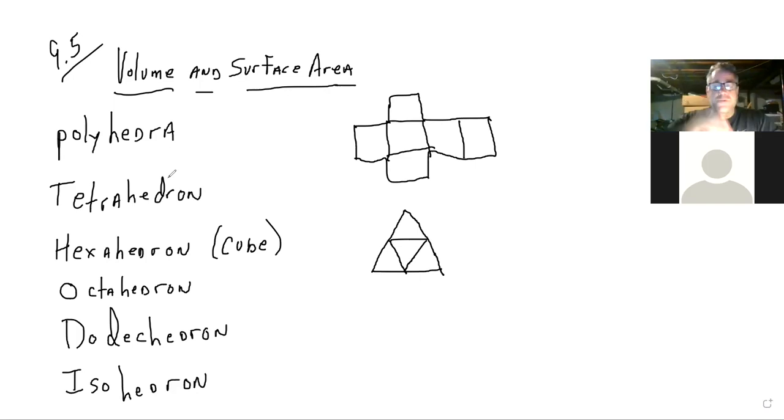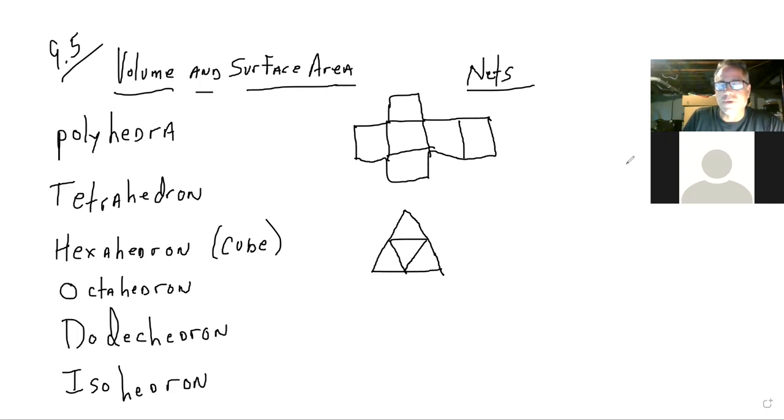I know they'll show up on Praxis, where you're given a net, just laid out flat like that, and asked what it folds up to be. Again, referred to as nets.